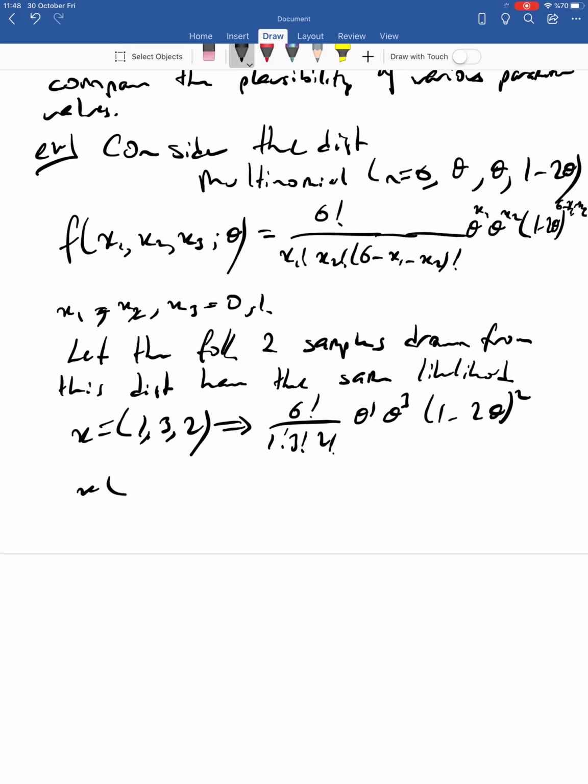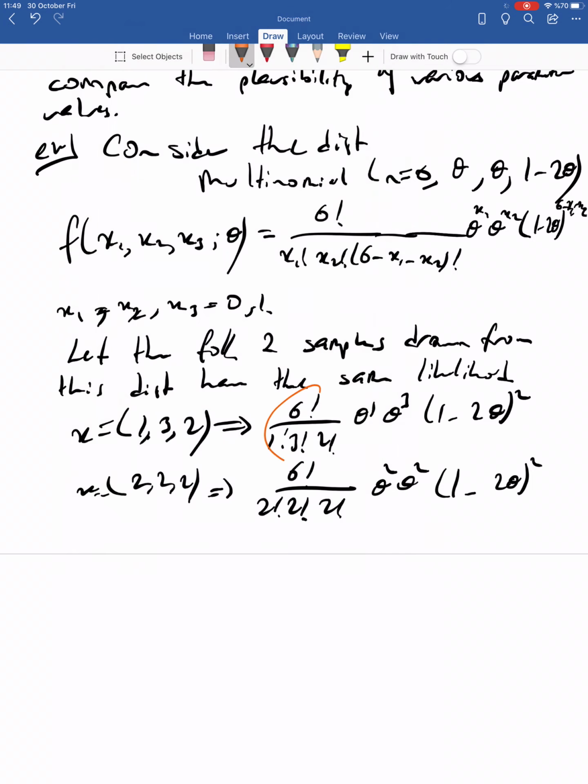And let's consider we obtain this other sample: 6 factorial over 2 factorial, 2 factorial, 2 factorial, times theta squared, theta squared, and (1 minus 2 theta) squared. Basically, in this form, only the constant part is different. We have theta to the 4 here, and again theta to the 4 here. So these two likelihood values are proportional to each other, right?